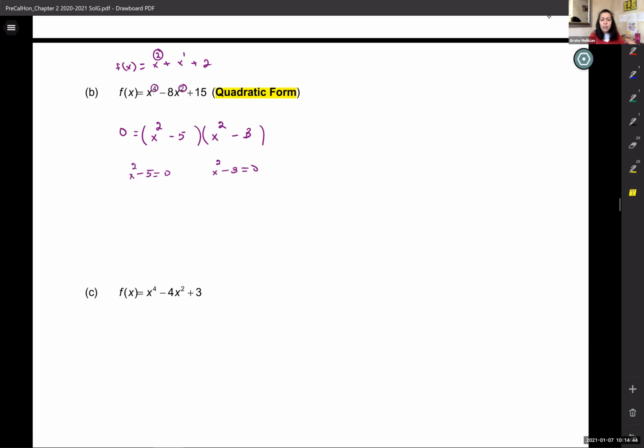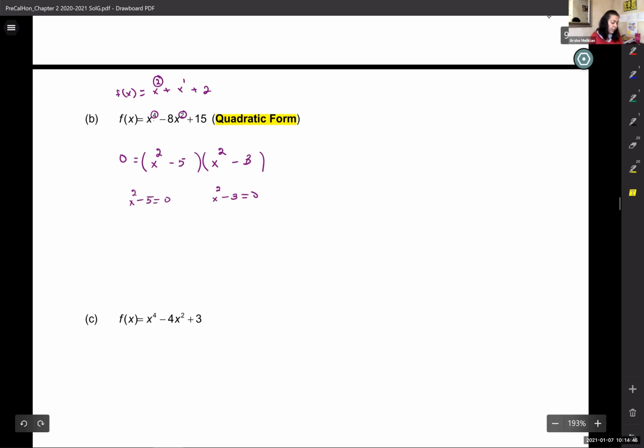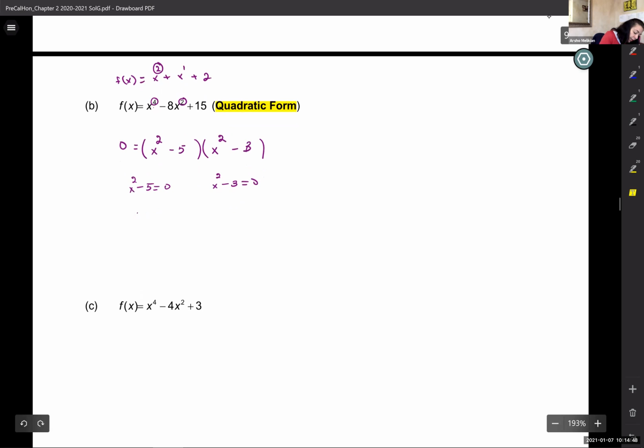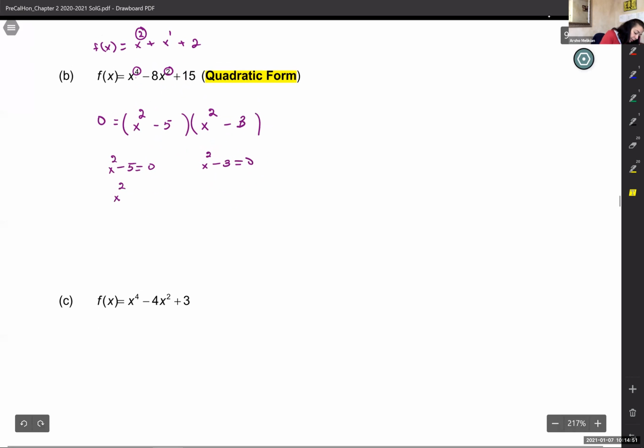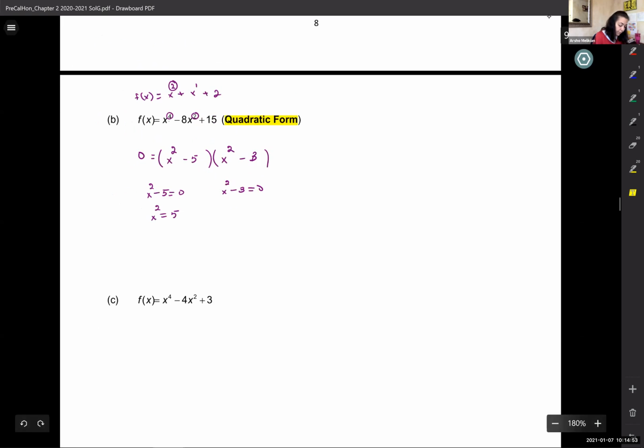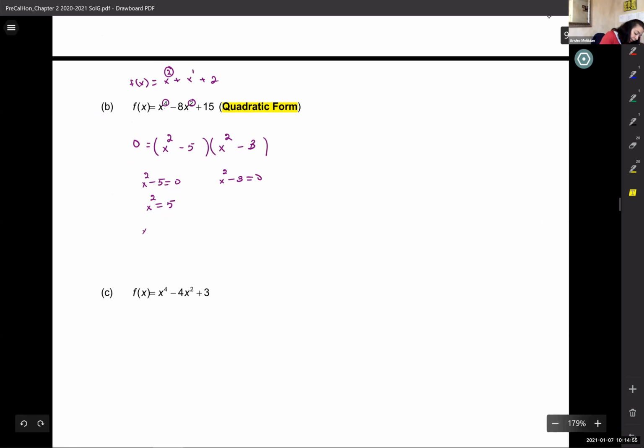Oh, I forgot to do the predictions for this, right? We can do that later. So x squared equals 5. x is plus or minus √5. x squared equals 3, and I take a square root. x is plus or minus √3. So those are the zeros. But what could we have predicted?